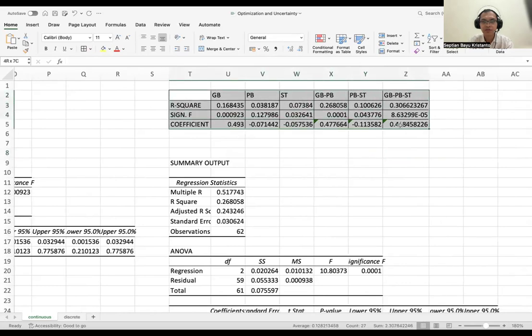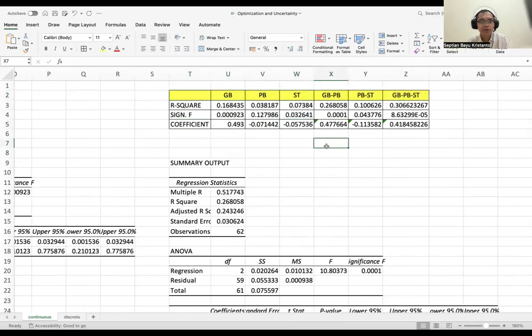Okay, let's focus on this analysis. The comparisons are between government bonds, private bonds, stock, and the combinations with double investment, government bonds and private bonds, and also the triple conditions, right? We have the information like the R square, the significance, and the coefficients.